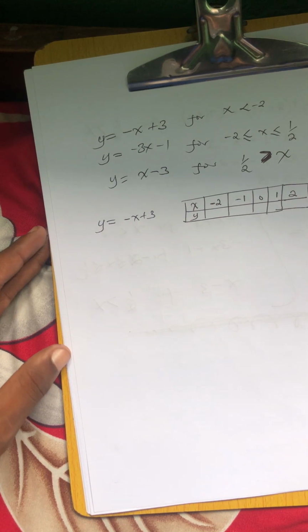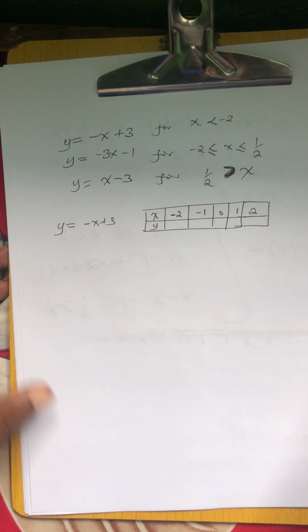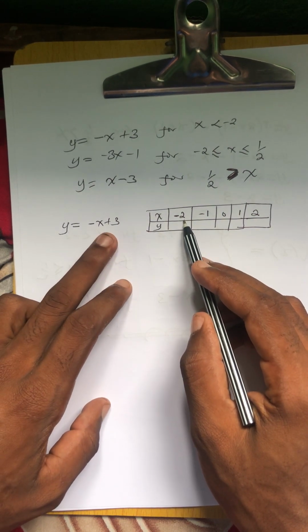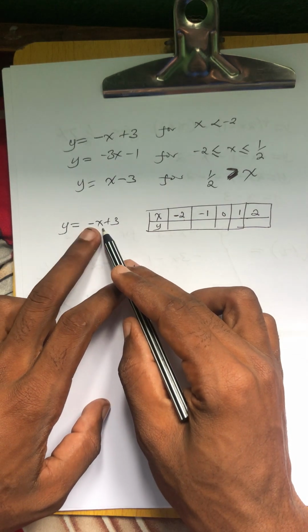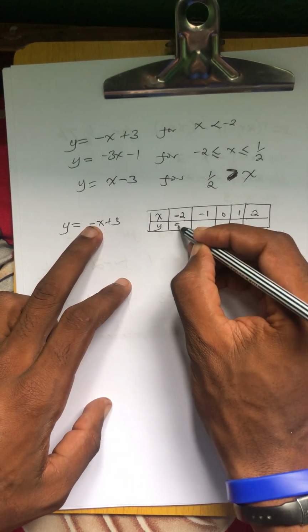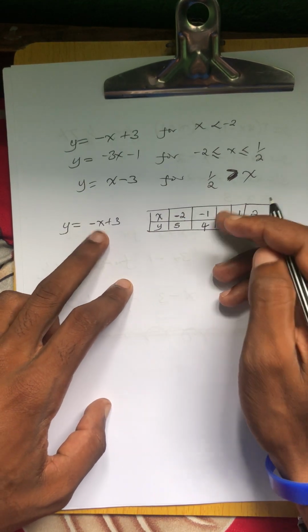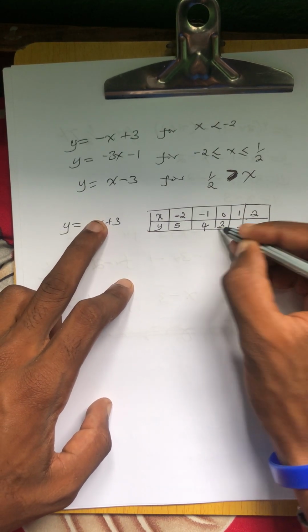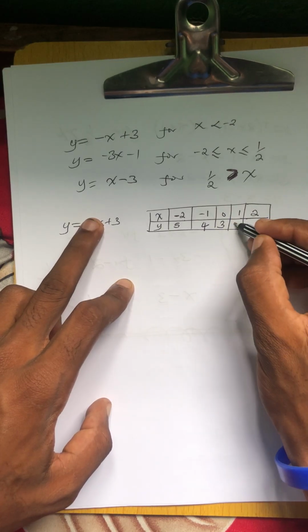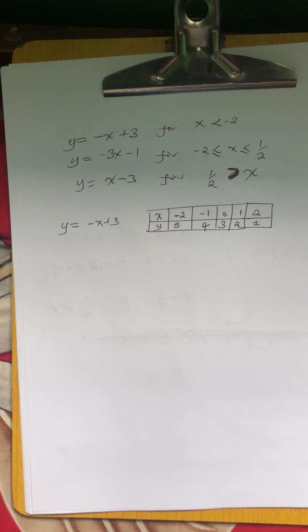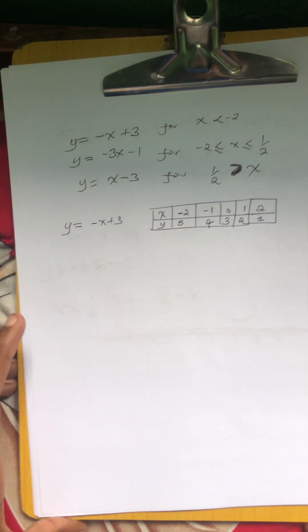Then we find the value of y. If we plug in minus 2 here, then y will be 5. If we plug in minus 1 there, then y will be 4. If you plug in 0 there, then y will be 3. If you plug in 1 there, then y will be 2. If you plug in 2 there, then y will be 1. Like that. All right.